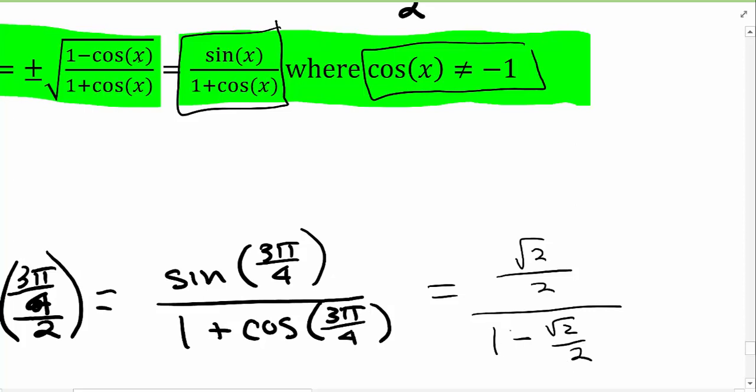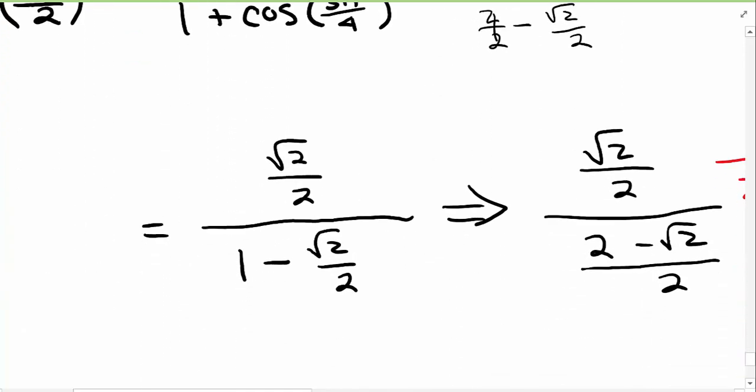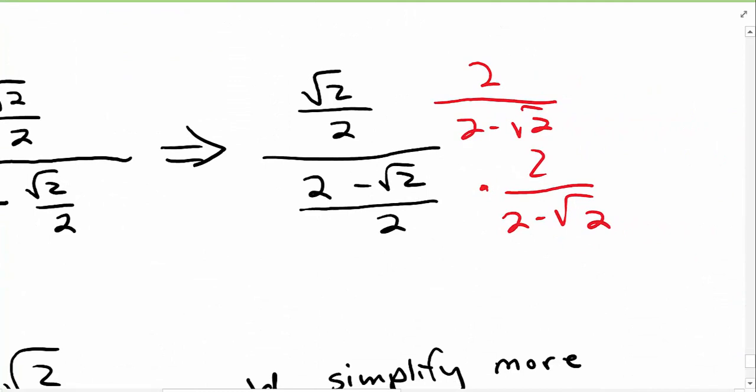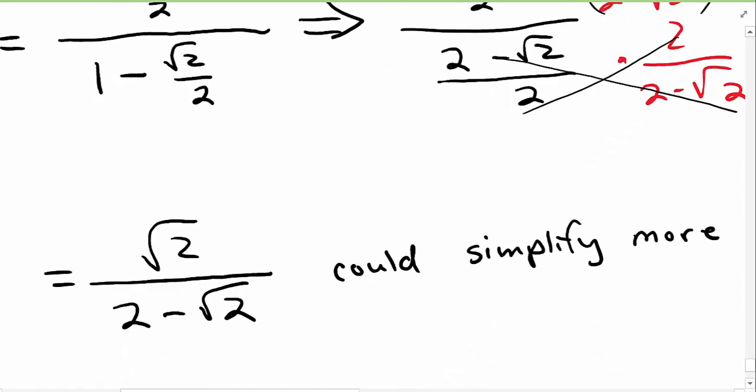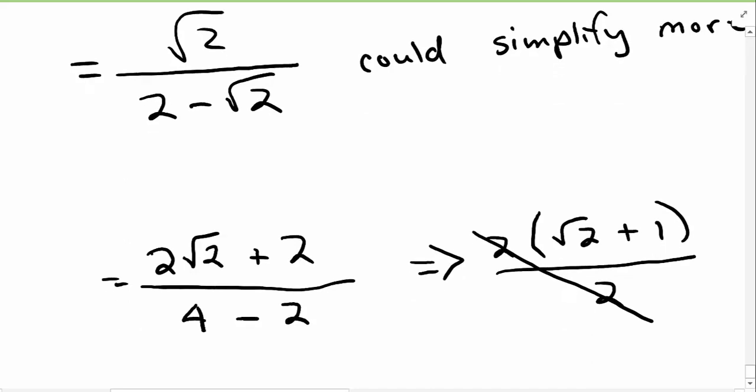So you're going to multiply top and bottom by 2 over 2. Then you're going to simplify that fraction. Let's see if I have that down here. Did that right here. Those cancel. That becomes a distributive. And this is what it simplifies to.